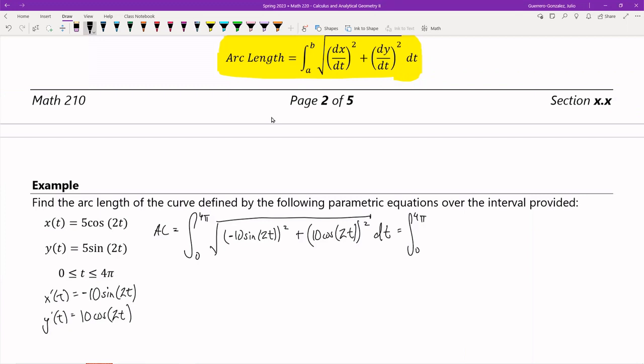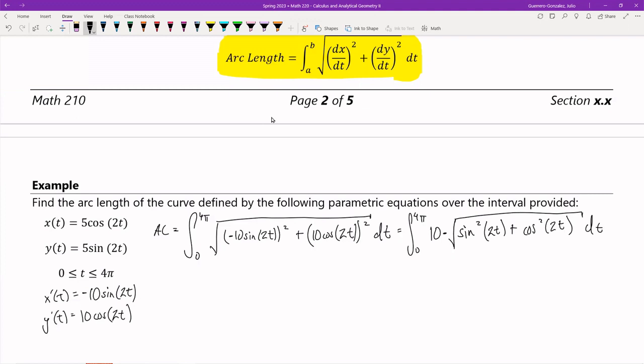Then that 100 is being square rooted, so I get 10 times the square root of sine squared of 2t plus cosine squared of 2t, dt.